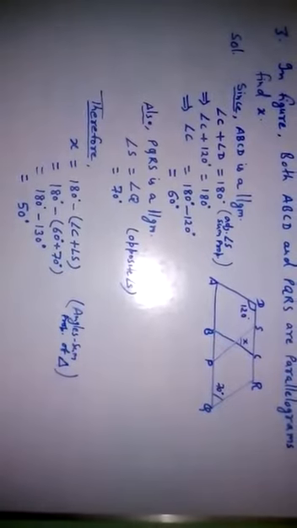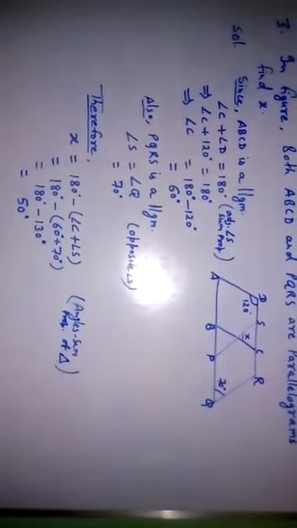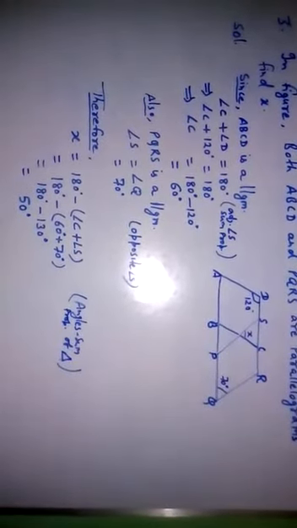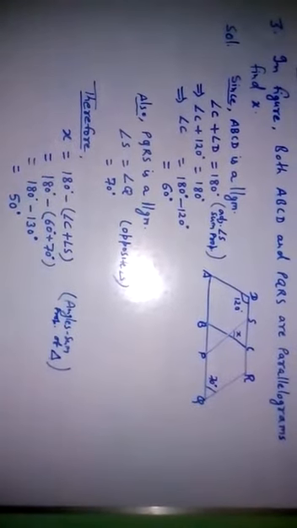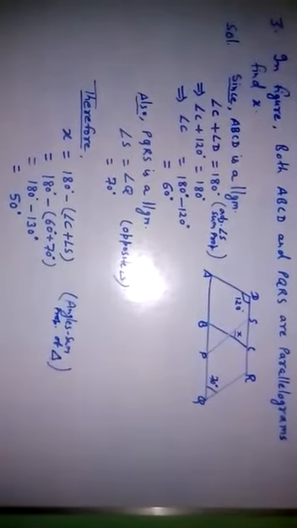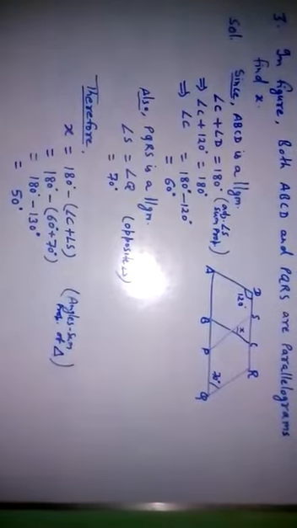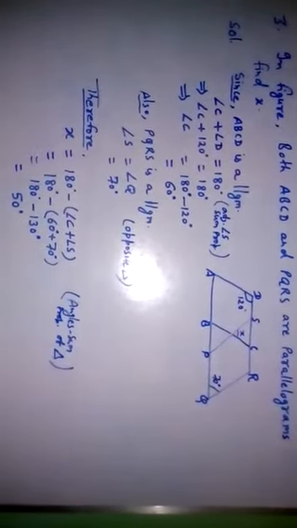Now angle D value is given 120. Then angle C plus 120 equal to 180. Therefore angle C equal to 180 minus 120, that is 60 degree. Here we find the value of angle C.